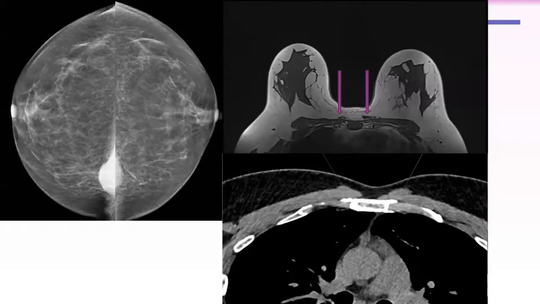If it is not there, we look for any additional vessels on the extreme medial aspect of the pectoralis, as in the MRI, CC and CT images.